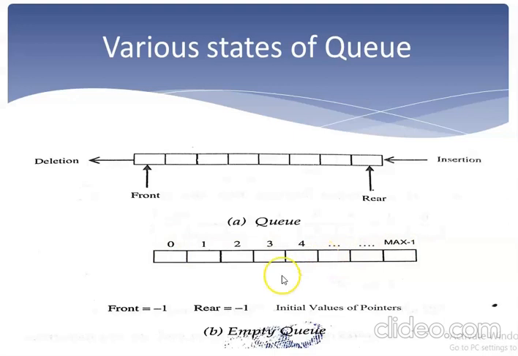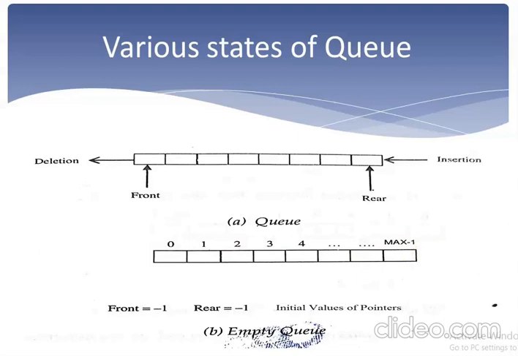As the initial case, we will be initializing the pointers front and rear with the value minus 1. We know that any value outside these ranges, that is minus 1, minus 2, minus 3, etc. towards this side, and max, max plus 1, max plus 2, etc. towards this side, are considered to be invalid indices.